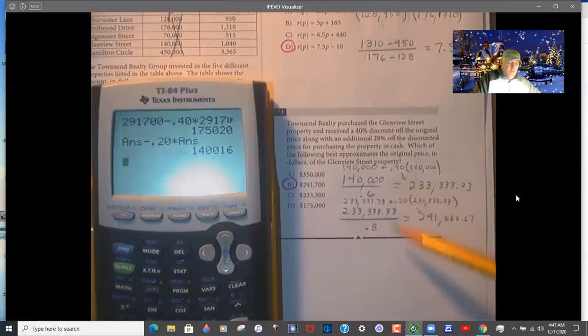I guess what I was doing here is thinking that it's 60% of some new number, so go backwards by dividing by 0.6, which is the difference between 1 and 0.4. But it's probably best to do this: add a 40% to it, get that number, 233, and then add a 20%. That's the easiest understanding of that problem.